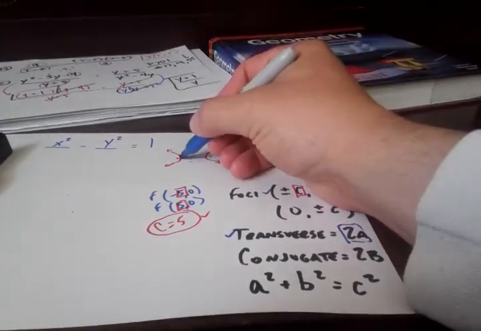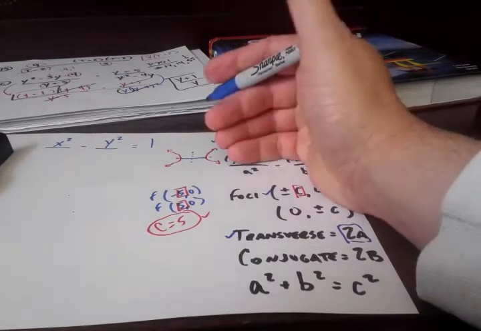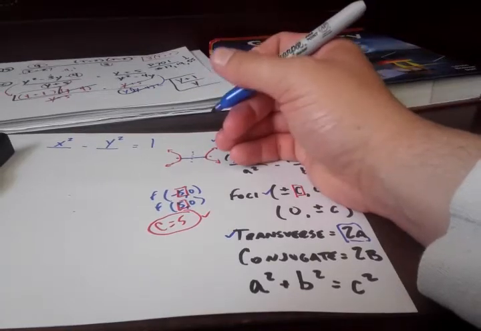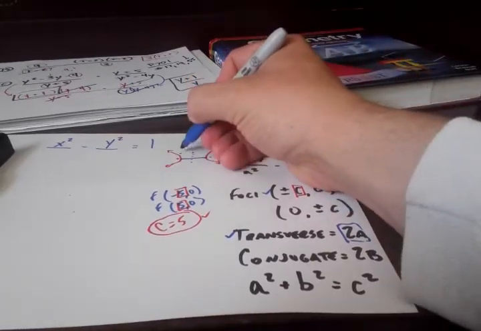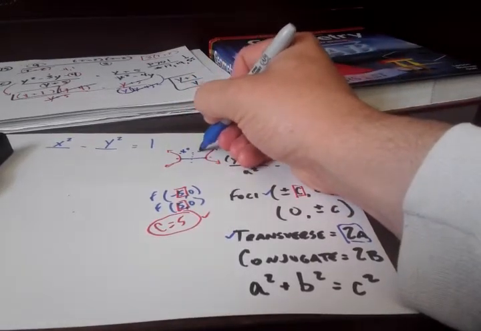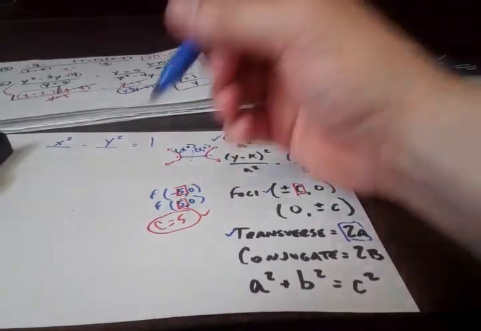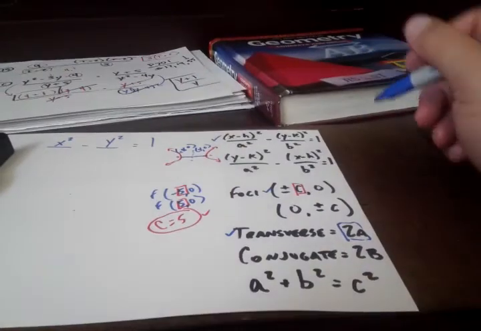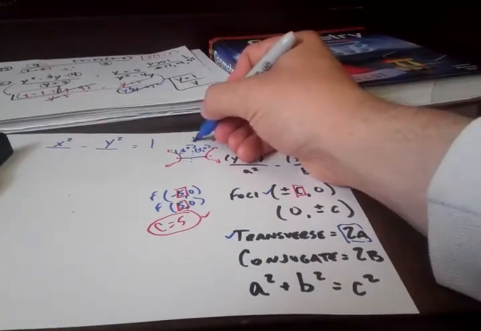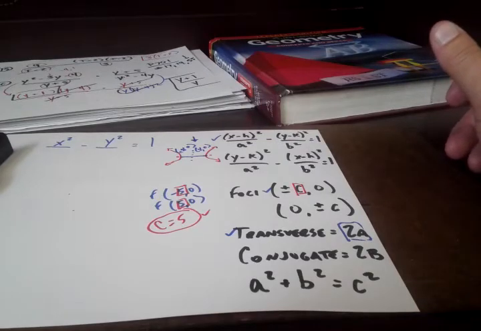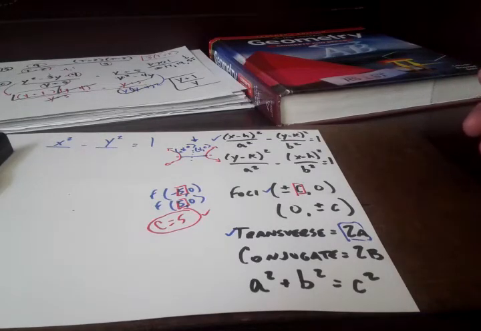We already know how far this is. We could use the distance formula, but I think we counted earlier: this was (-4, 0) and this was (4, 0). If we count that distance, it should be 8. You can also use the distance formula to find that if you don't feel comfortable, which we will use a little bit later.